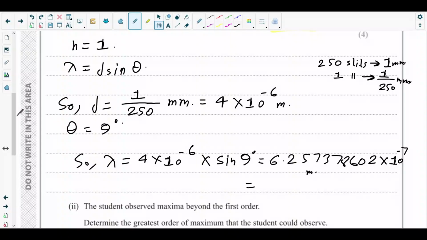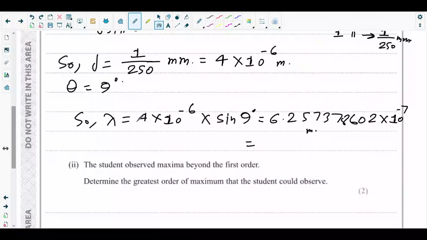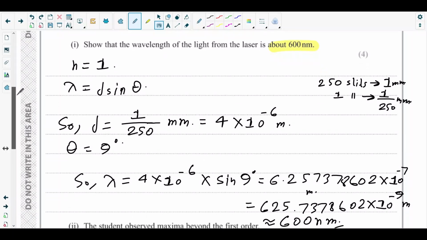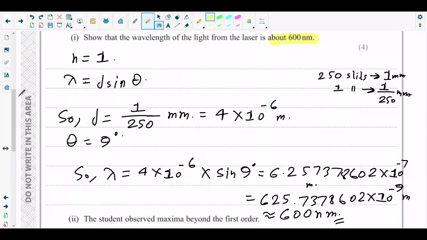If you convert it to nanometer, it becomes 625.7378602 times 10 inverse 9 meter. So we can write it as 600 nanometer, short. Okay, that's the answer for part C1. Fine. Okay, next is part C2.